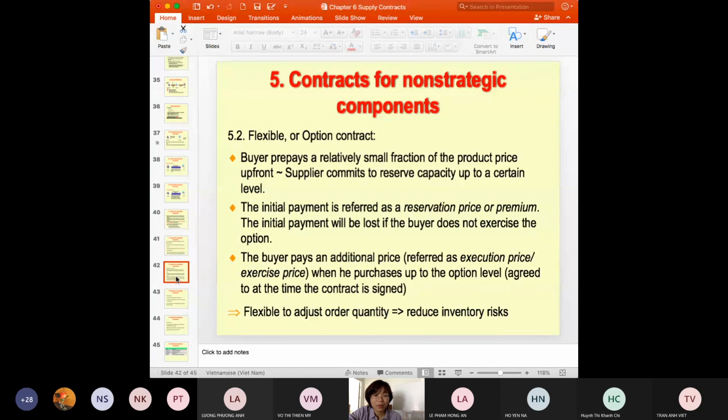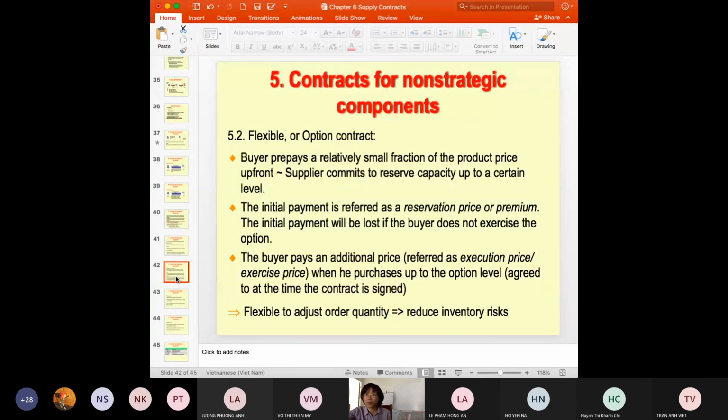So, another contract: the flexible or option contracts. The buyer pays a relatively small fraction of the product price upfront. The supplier commits to reserve capacity up to a certain level.